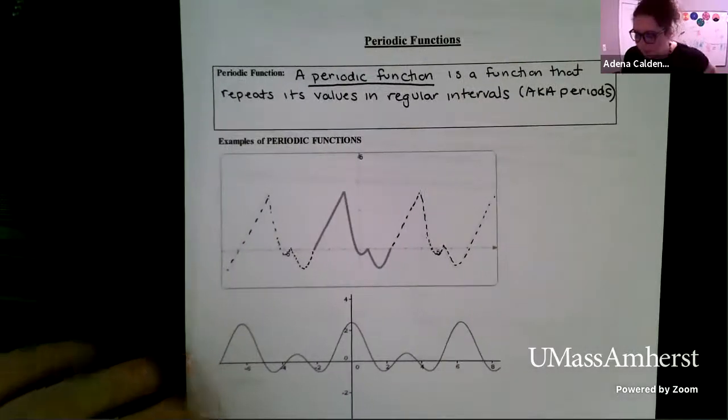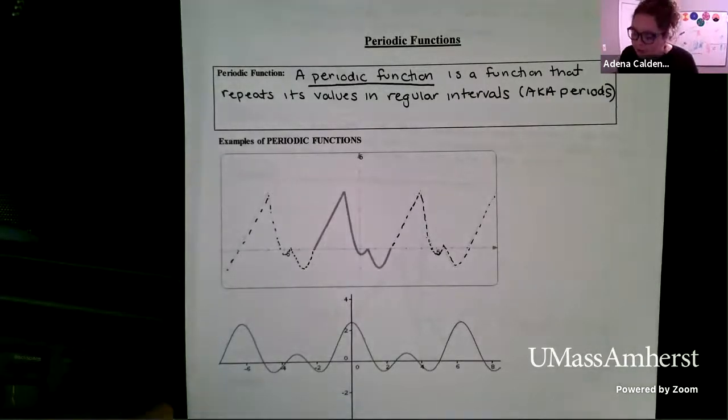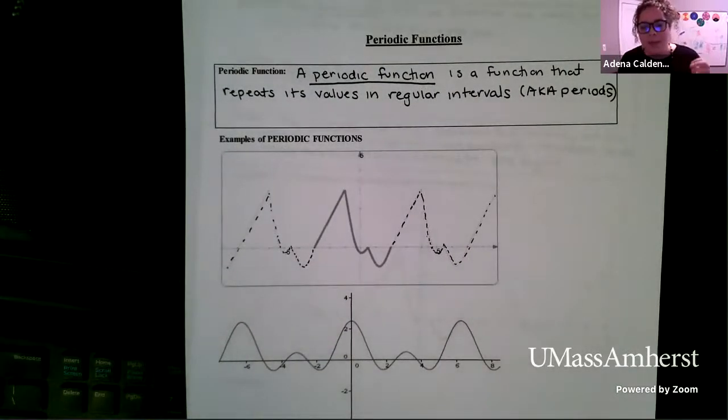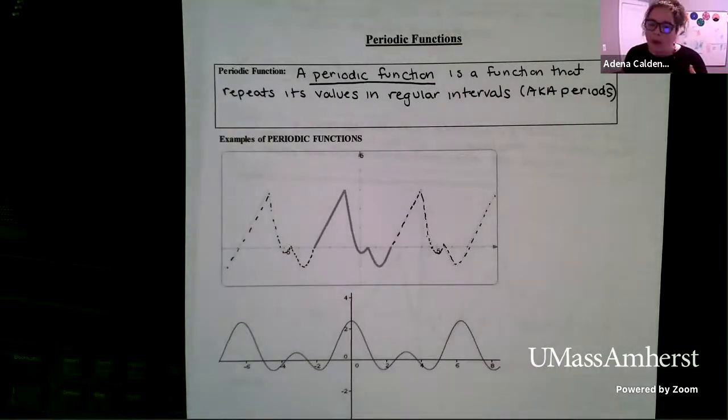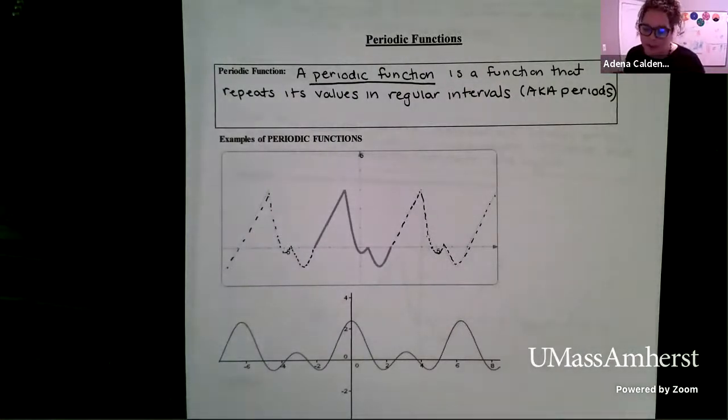Okay, so today we are going to talk about periodic functions. By definition, a periodic function is a function that repeats its values in regular intervals, and we call those intervals periods. When we model something, if we notice a pattern and it's repeating, then we know that function is periodic.